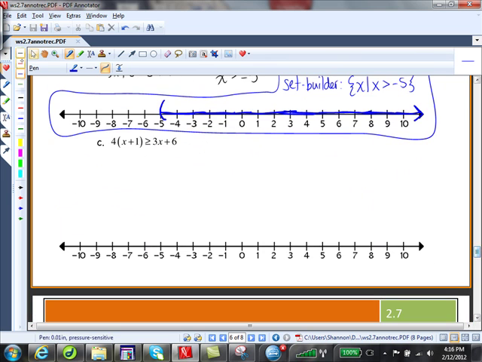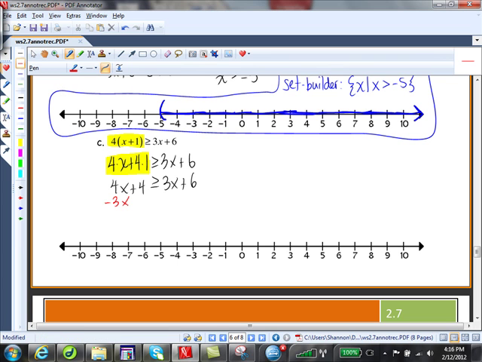Okay, part C. What do we have to do here with this 4? Good, we need to distribute the 4 before we can continue on. So this 4 times quantity x plus 1 yielded this result. That gives us 4x plus 4 is greater than or equal to 3x plus 6.